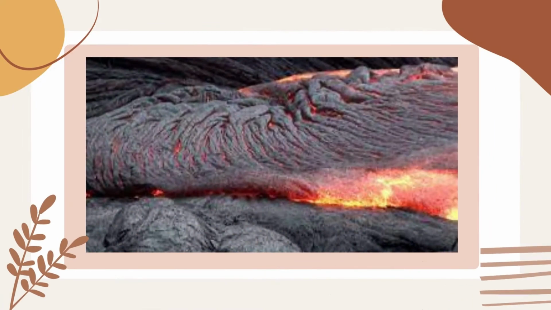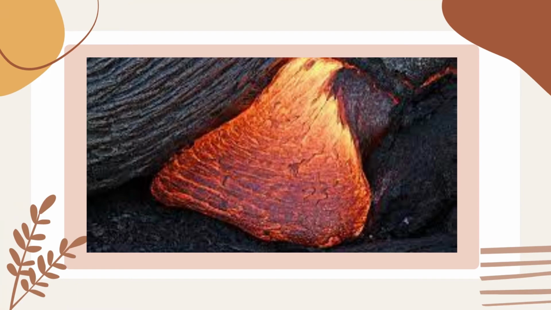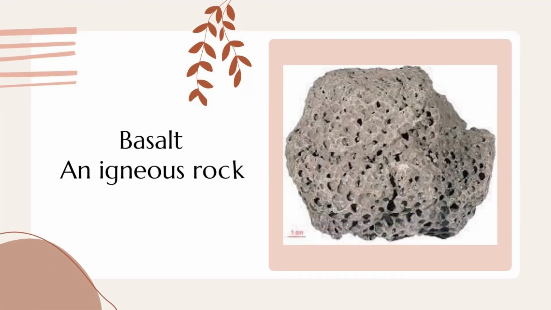Volcanoes frequently emit magma in the form of molten lava, which can cool and solidify as extrusive igneous rock, for example, basalt.